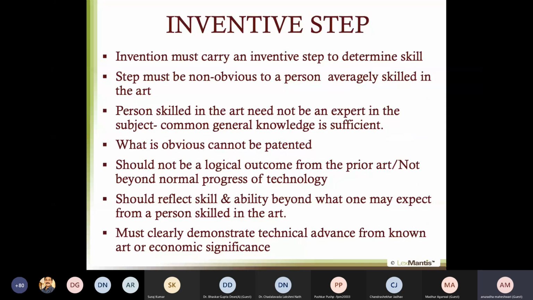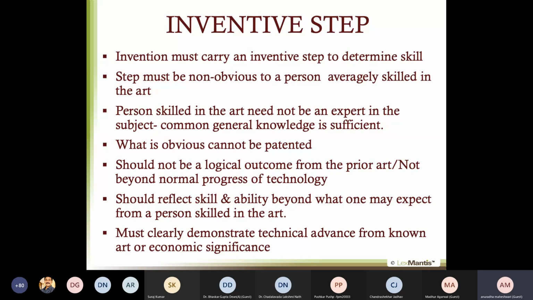All right. Inventive step, as I said, the technology that you have created, that technology should not be obvious. Like, for example, if I say 2 plus 2 is 4, 4 plus 4 is 8, 8 plus 8 is 16. Therefore, if I am saying 16 plus 16 is 32, that's obvious.